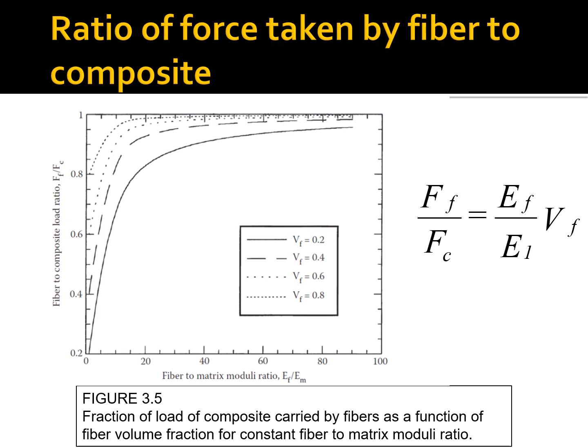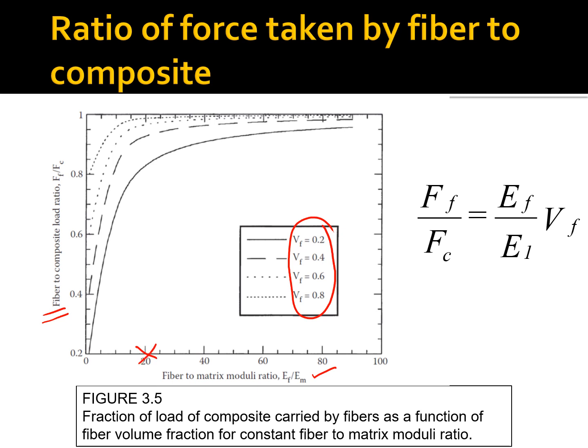So what we have done here is plotted how much of the load is taken by the fiber to the composite load as a function of the fiber to matrix moduli ratio, that is EF by EM, for different fiber volume fractions. So let's look at it specifically rather than trying to figure out what's going on here.